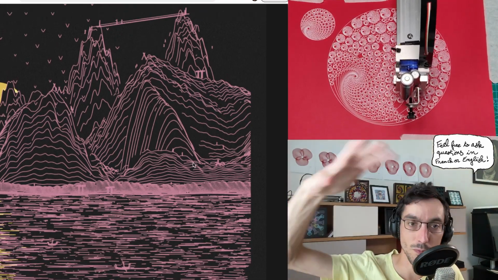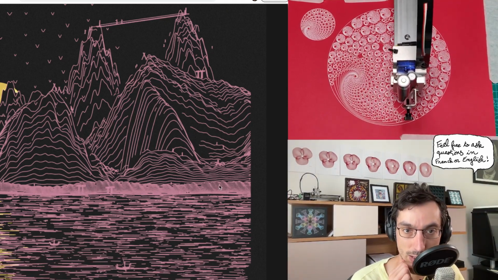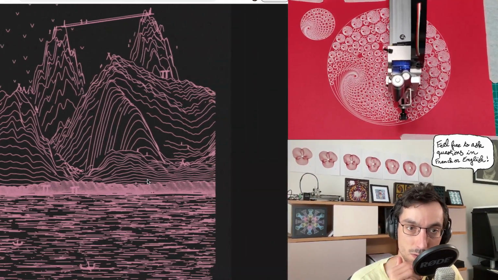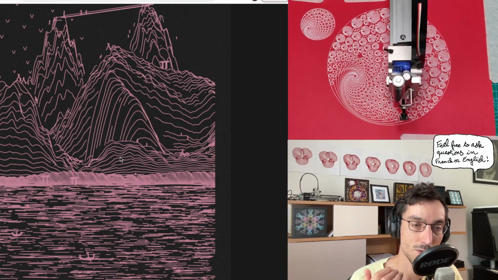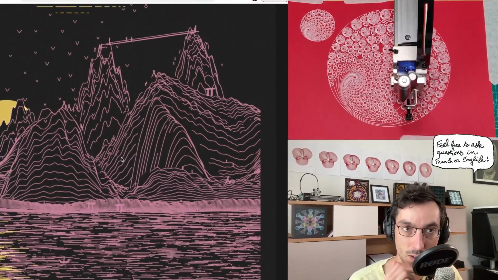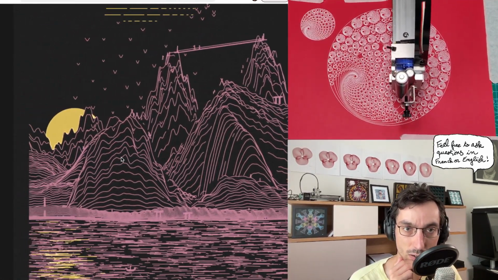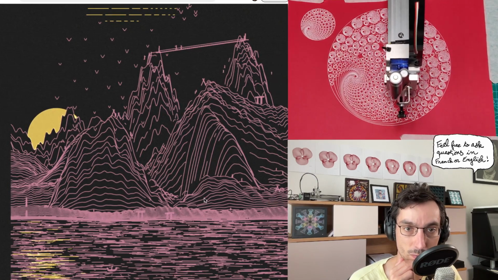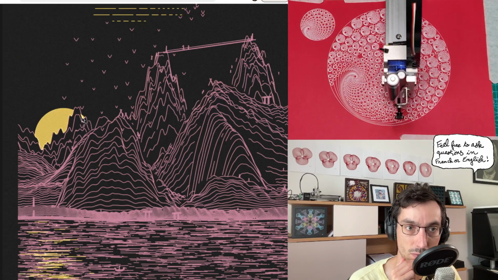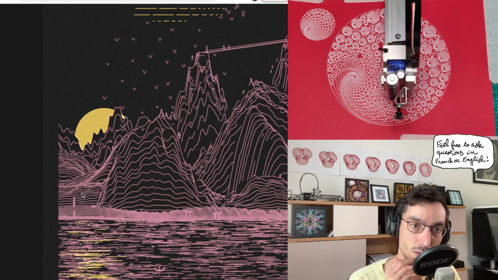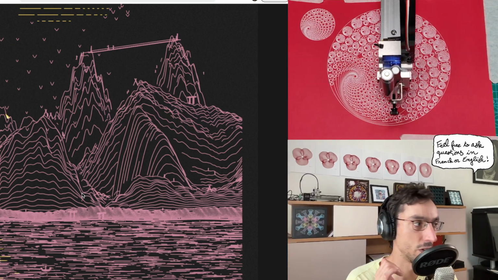Sometimes there could be just one layer, but here we can see one first mountain, then a second, and it could be up to 8, I think. Here we have 1, 2, maybe 3, 4, 5 or something like that. I think they are stacked on top of each other.